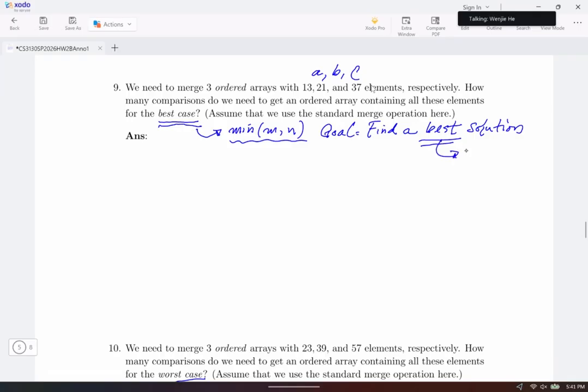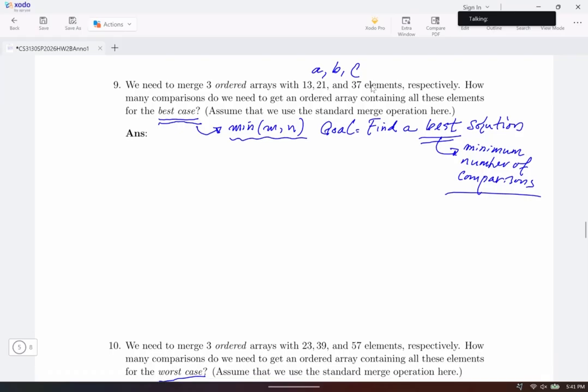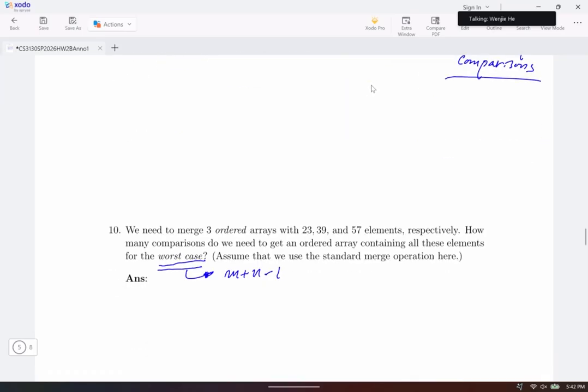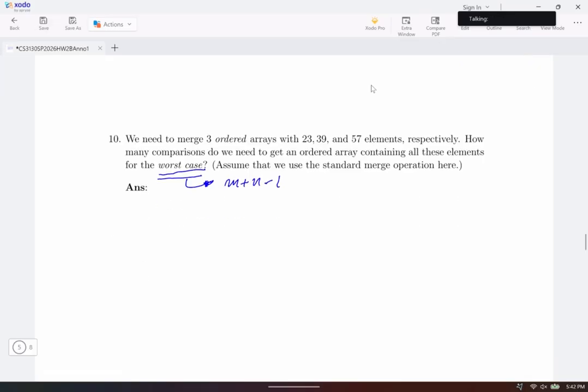So we always mean that by the best solution. Then for the worst case, the confusion occurs here. So what's that?